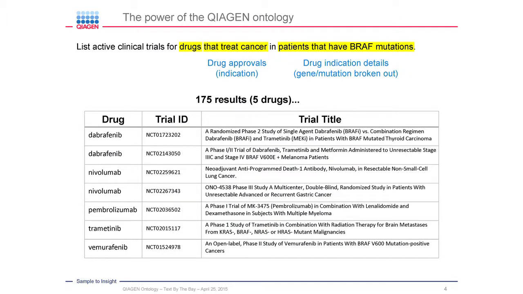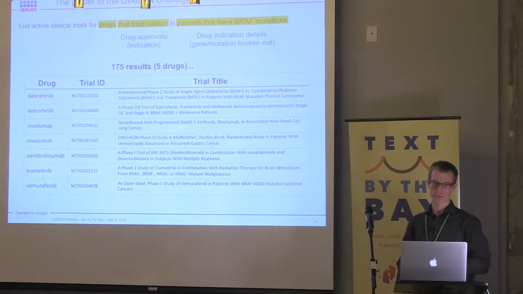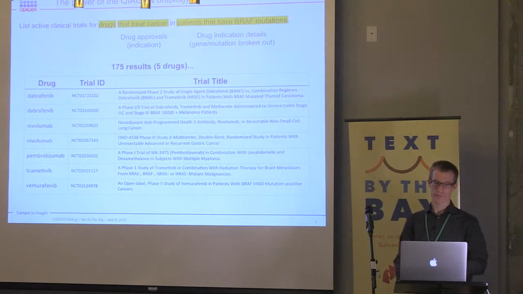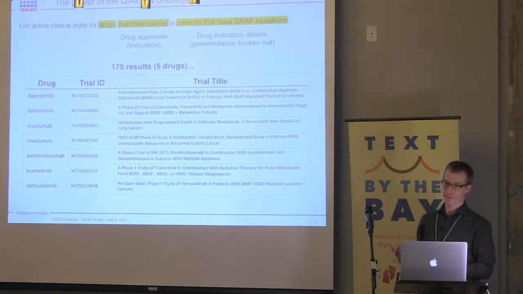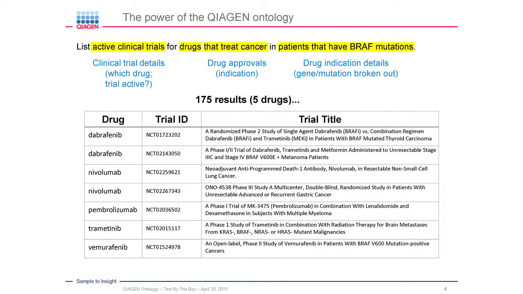We want to know some details of those drug indications, or what drugs are approved for, in order to cover this restriction, patients that have this particular kind of mutation. And specifically for those indications, it's not enough just for us to have descriptions. We want the gene or the mutation to be broken out in a structured way.